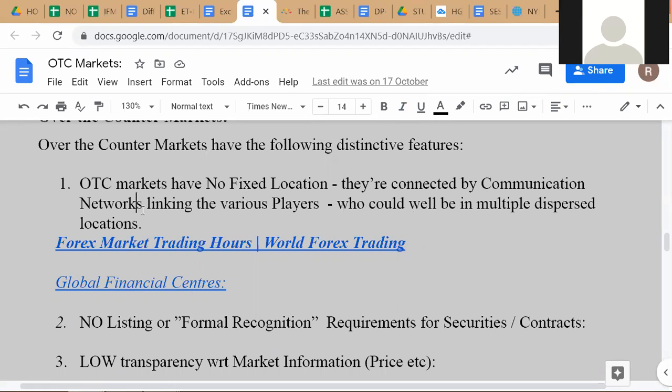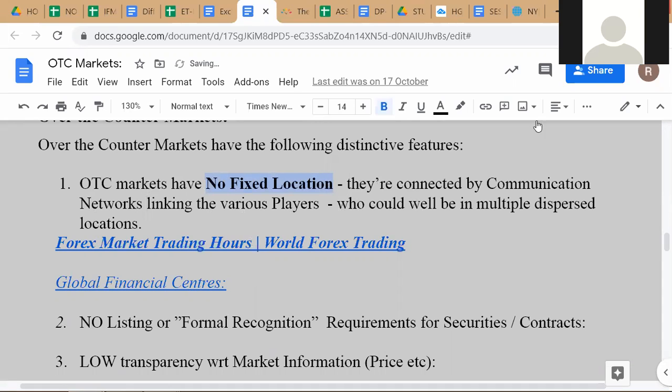You will have Reuters dealing machines, things like EBS, various types of trading software. But you could also have a simple WhatsApp group where people are posting prices and trading with each other. That's also a communication network. So there's no fixed location and there's a communication network.